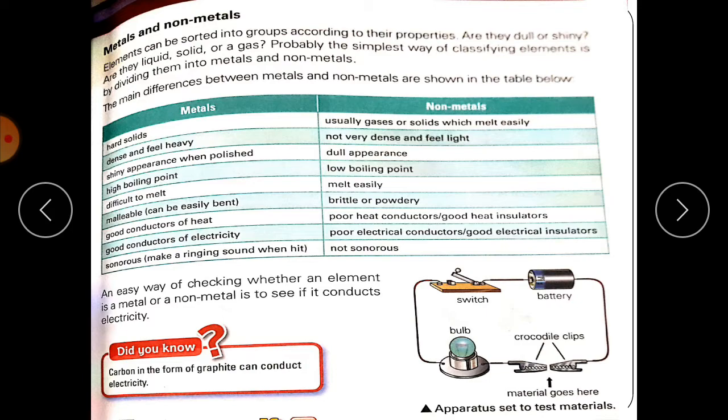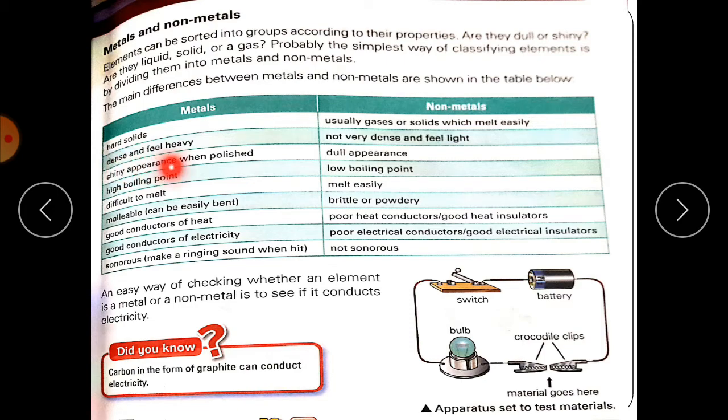They are not hard like metals. That is why metals do not melt easily. But non-metals, usually gases or solids, melt easily because they are not hard just like metals, so their melting point is low, and they melt easily.